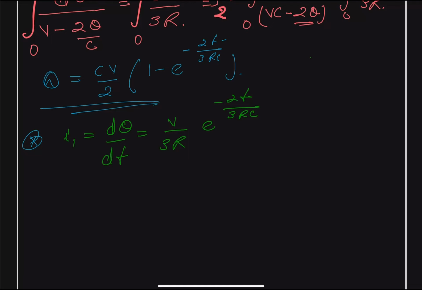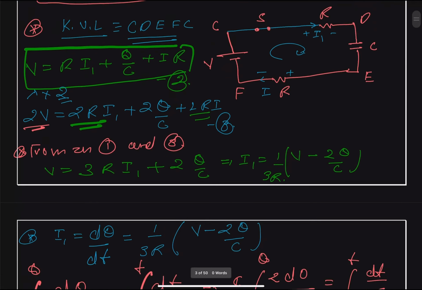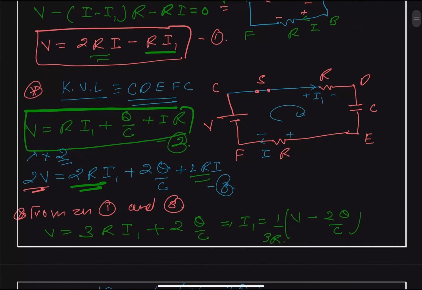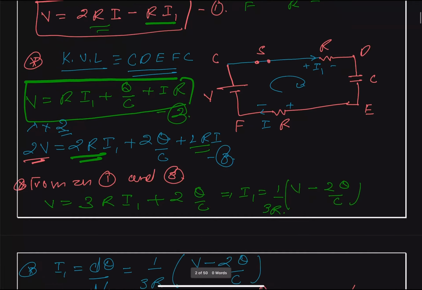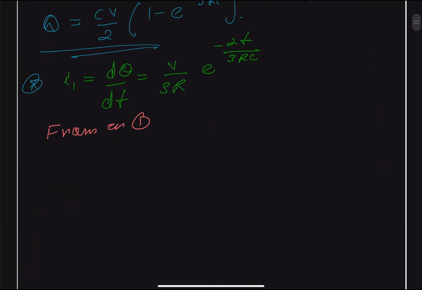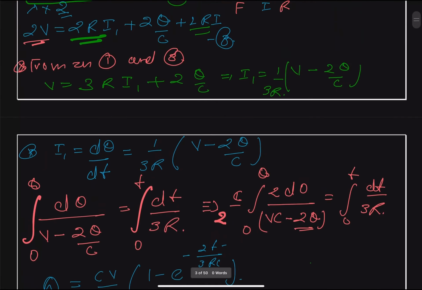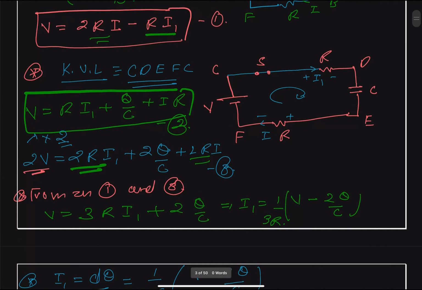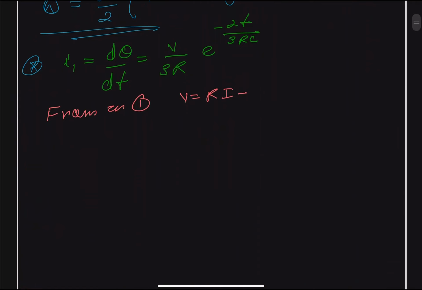And we have our equation 1. So from equation 1, V is equal to 2R I minus R I1. Here we are going to substitute the value of our I1. So V is equal to 2R I minus R times I1.